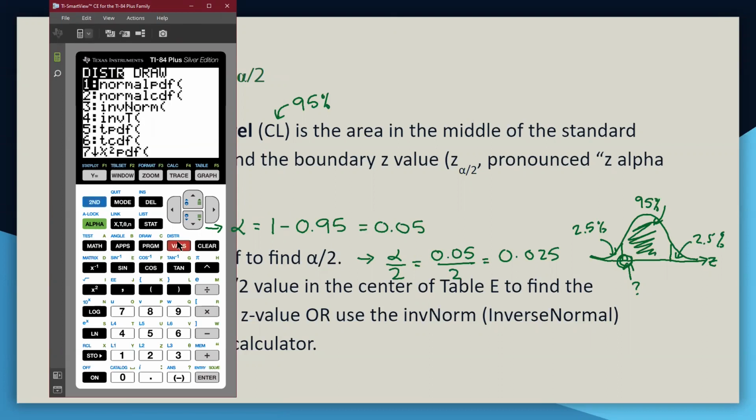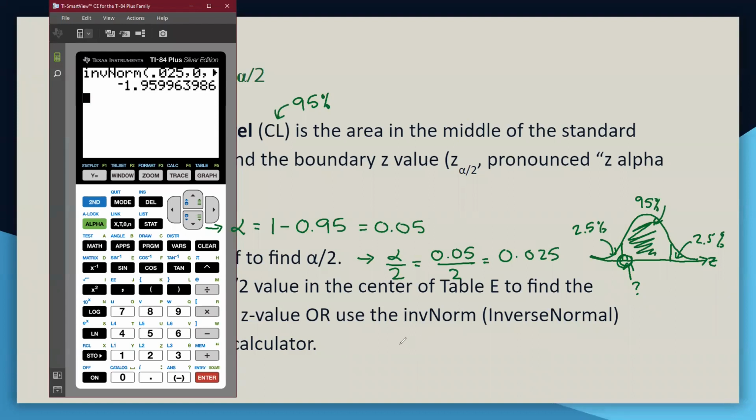Second vars is to get our distribution menu. And I'm going to go down to inverse normal. And it's going to ask me for the area. I know the area in my tail is 0.025. And this is standard normal, so mean is 0, standard deviation is 1. And it gives me negative 1.96 if I round it.